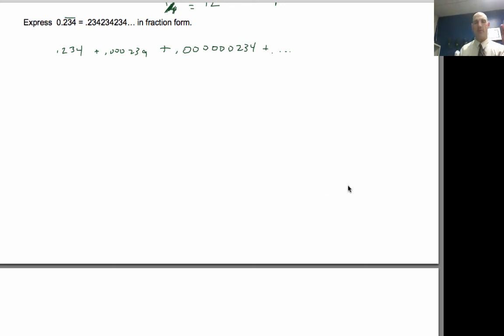A side example would be this: 2 million. To add 3 zeros on the end, I'm going to multiply by 10 to the third, right? To get 3 zeros at the front, I'm going to multiply by 10 to the negative third.